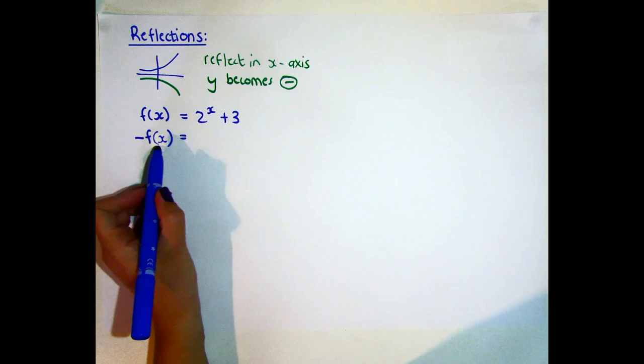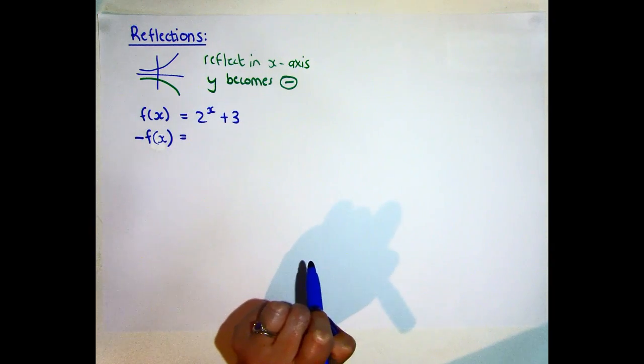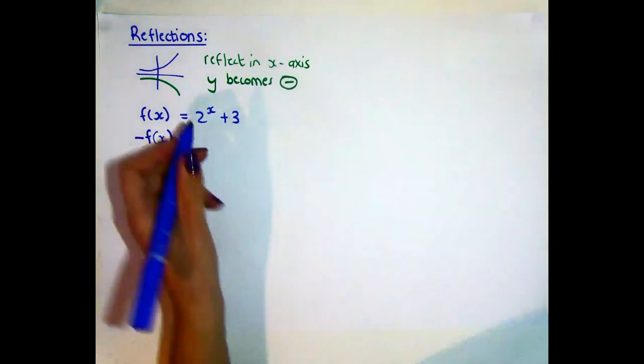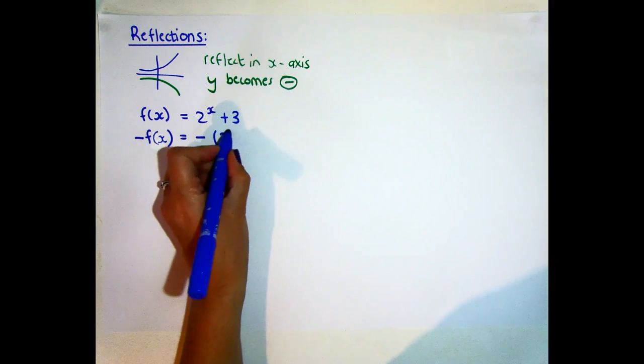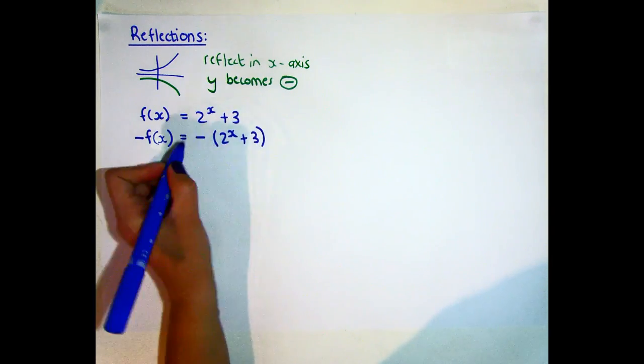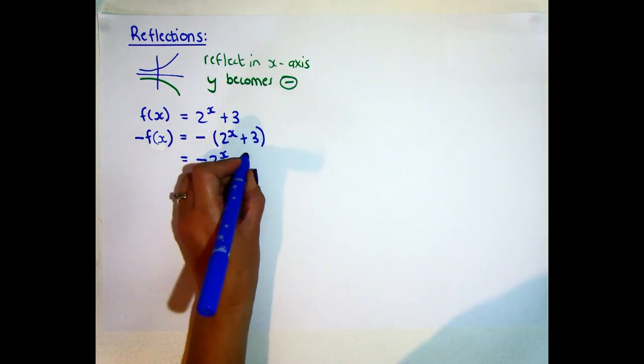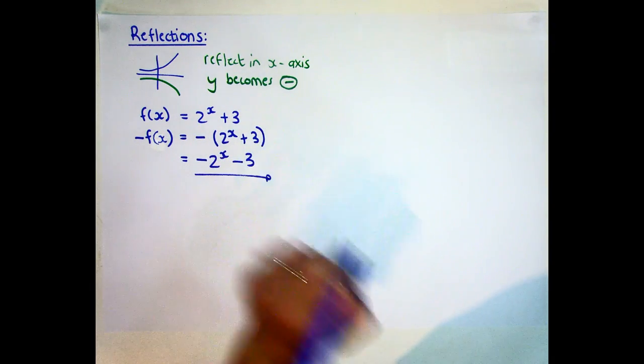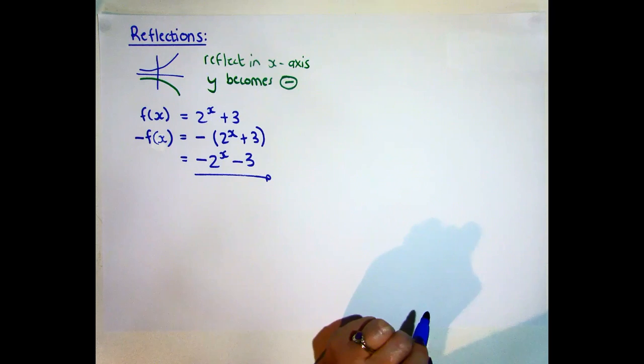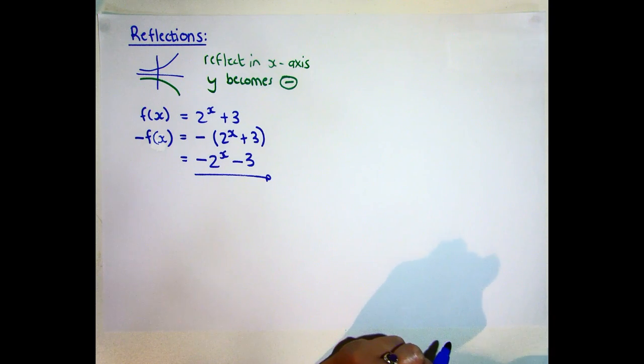So that means that it's negative this whole thing. So negative f of x gives me negative 2 to the x plus 3. Multiplying in that negative, I then get negative 2 to the x minus 3, and that is the new equation of the graph that has been reflected in the x-axis.